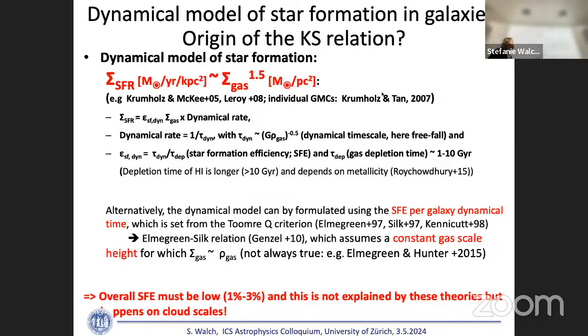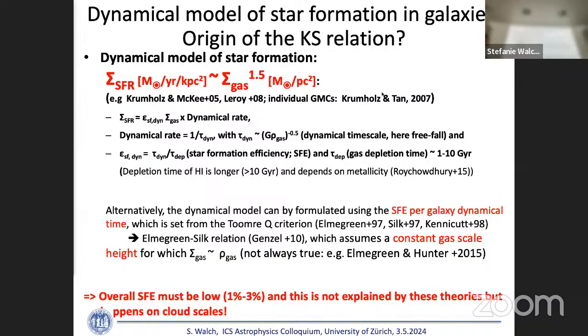So just as a motivation for the slope of the Kennicutt-Schmidt relation, there's this dynamical model of star formation, which has been published a long time ago, but picked up also by Krumholz and McKee in 2005, who came up with an explanation why star formation might be so inefficient, basically arguing with turbulence in molecular clouds. But the idea here in general is that you can come up with this type of power law when you relate the star formation rate surface density with the gas surface density times a dynamical rate.